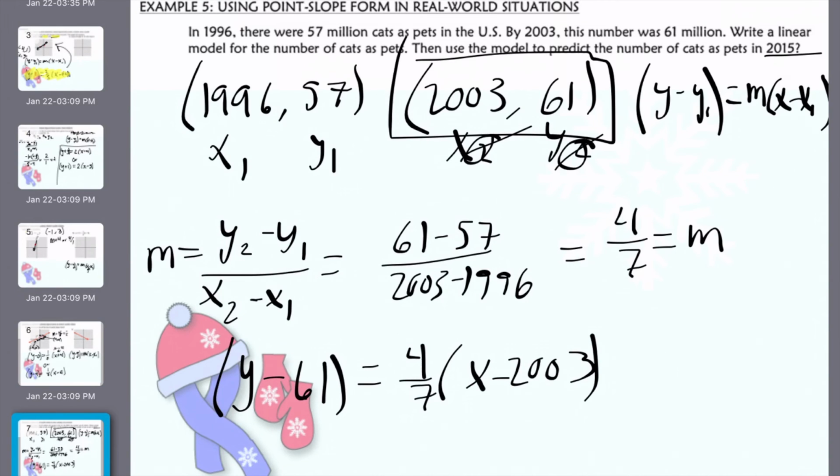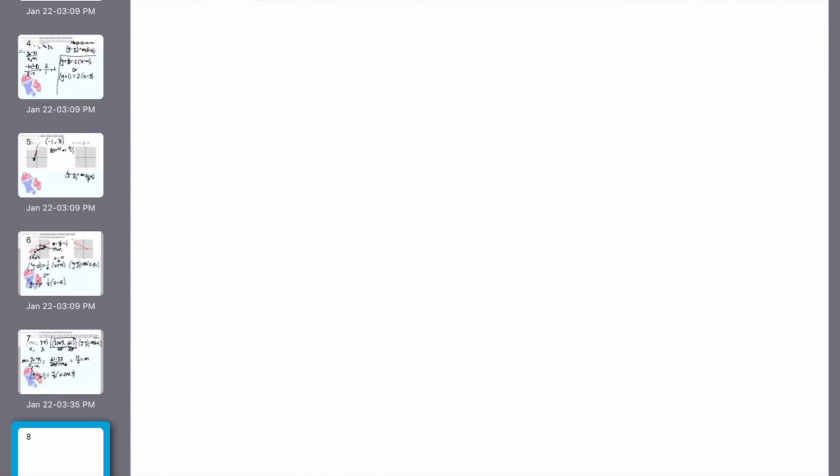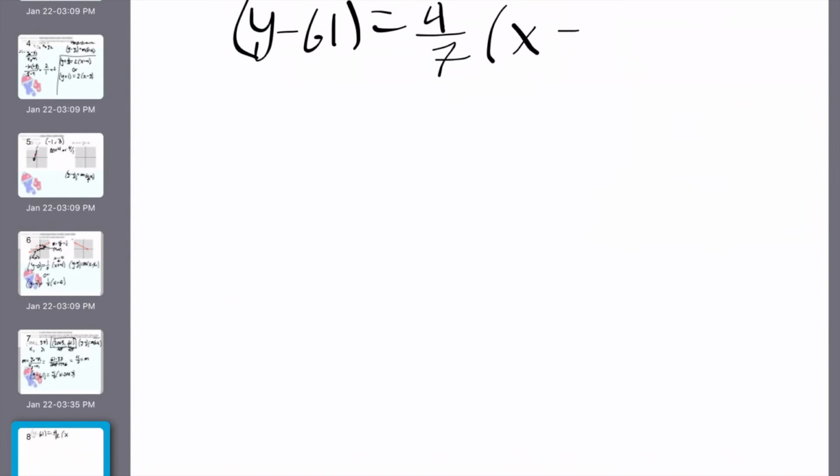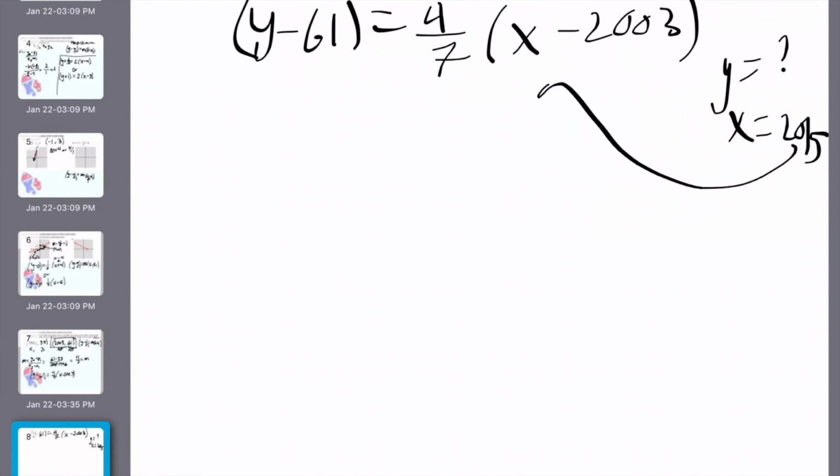So what I'm going to be doing is I'm going to take this and write this on a new page, so y minus 61 equals 4/7 times x minus 2003. Now they're saying, what is y equal to when x is equal to 2015? So all I have to do is put that x in there.